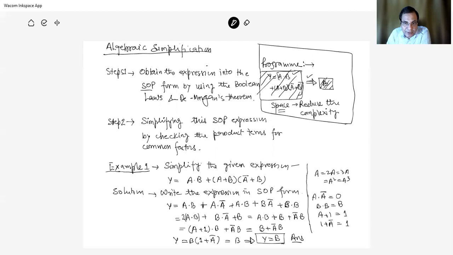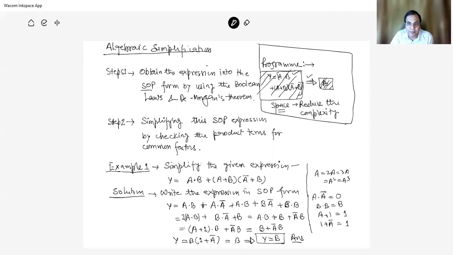The first example is to simplify the given expression. The expression is Y is equal to A dot B plus (A plus B) multiplied by (A bar plus B bar). The solution is to write the expression in sum of product form, that is, open the bracket.